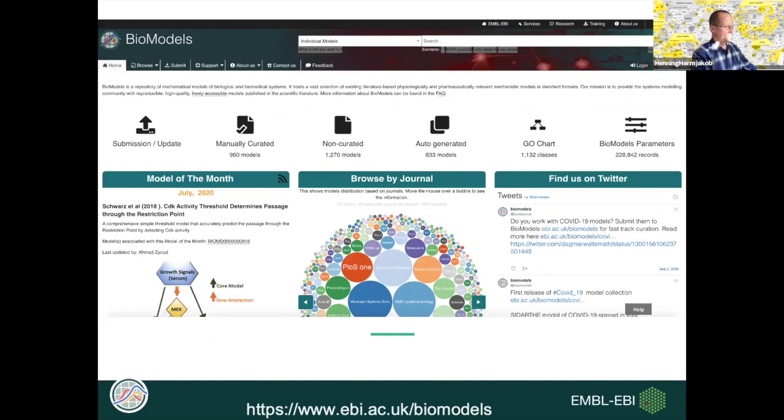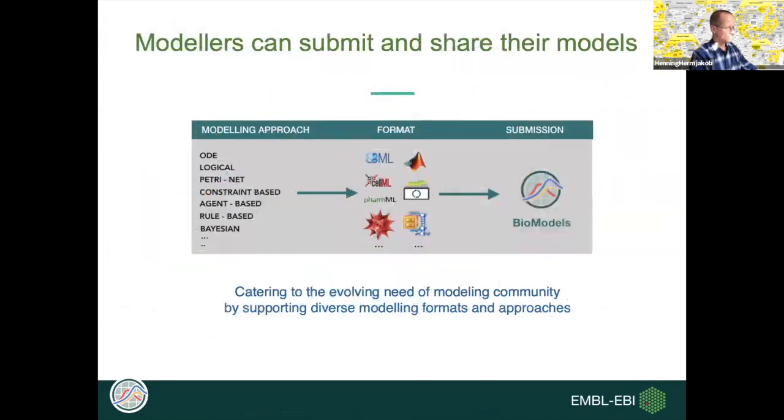This is the homepage of BioModels. We have the usual Twitter feed, the various entry points, browsing by different parameters, and we typically provide a model of the month to highlight interesting models which have been curated in the last month or so.